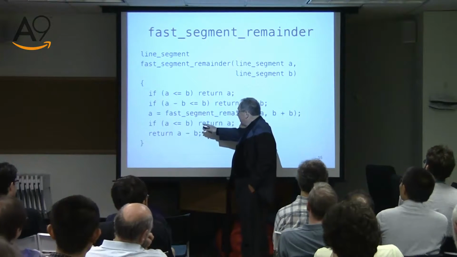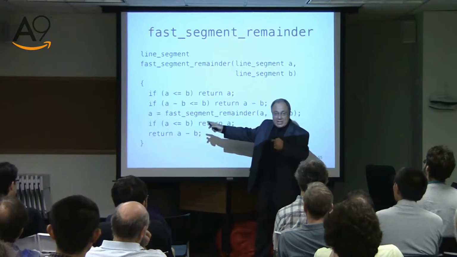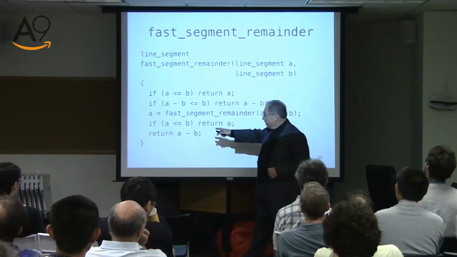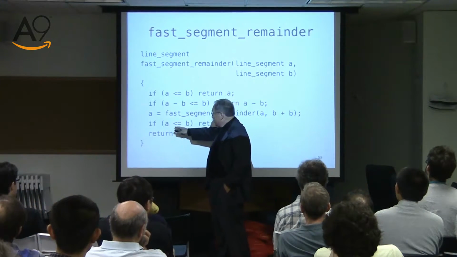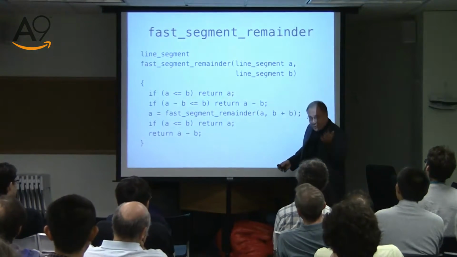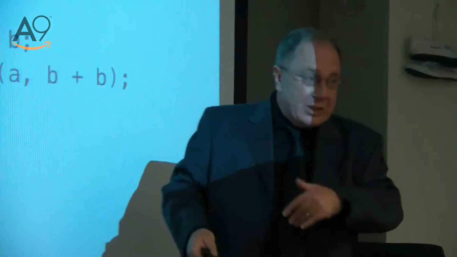And again, after we return, we just use the lemma, which we just proved, and say that if A is less or equal than B, then we return A. Otherwise, we subtract. So where is the work done? Who knows? I mean, you see what I mean? It's not clear where the work is done, but it works, truly.